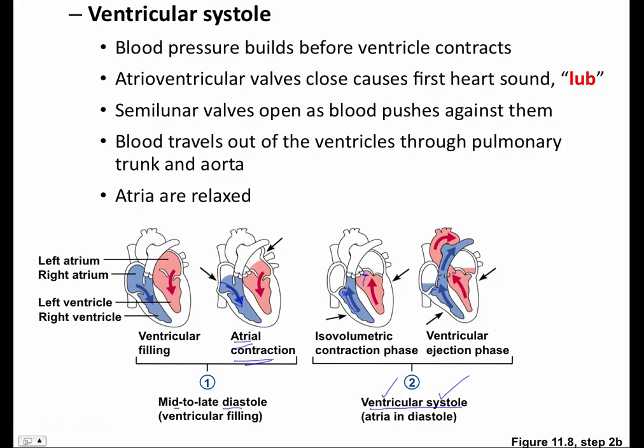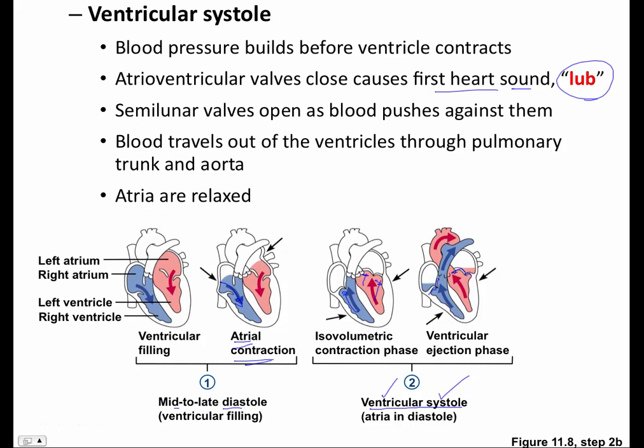When these shut, that's going to make a noise. So the very first heart sound that you hear, that lub-dub, lub-dub, that lub is due to the closure of these atrioventricular valves, when the blood is forced upon them.